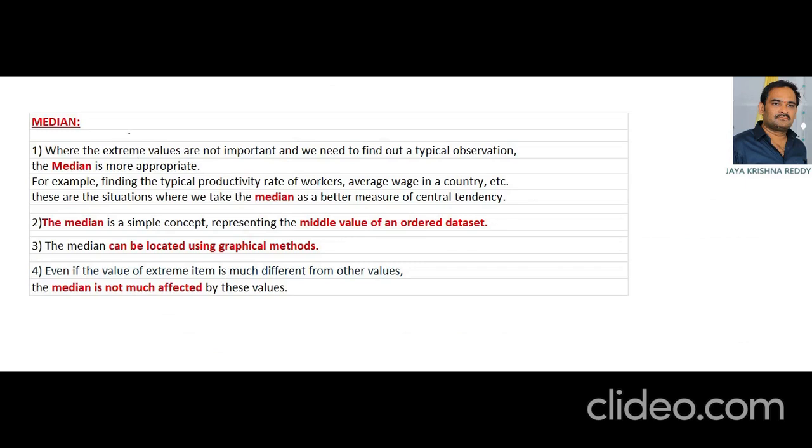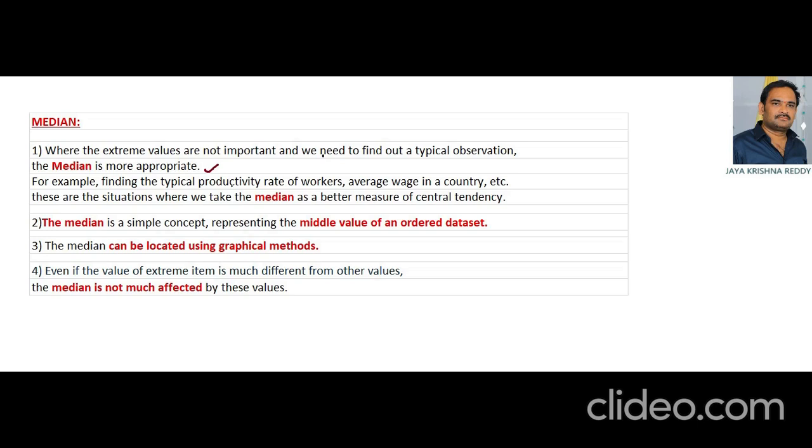Remember these points about the median. First one, where the extreme values are not important and we need to find a typical observation, then the median is more appropriate. When the extreme values, meaning the end values of the given data, are not important, then the median is appropriate to be found.